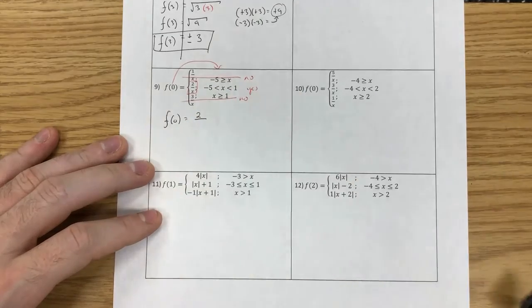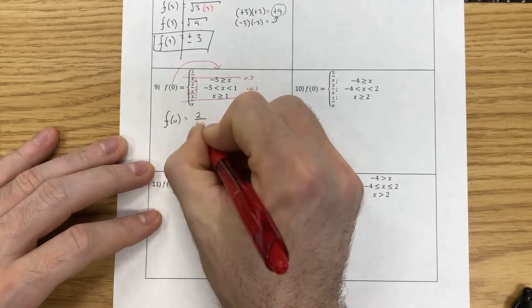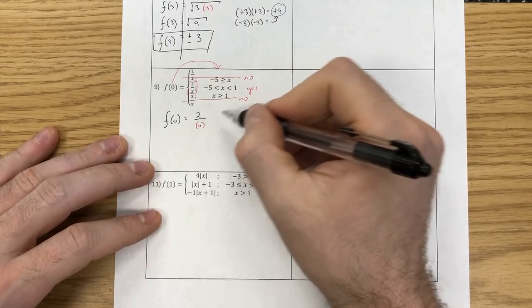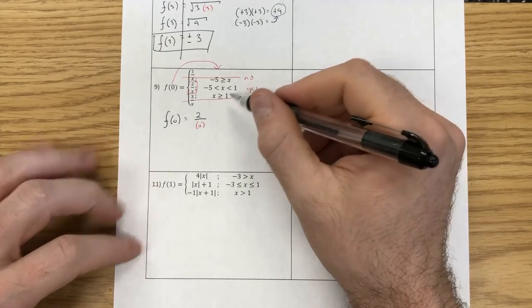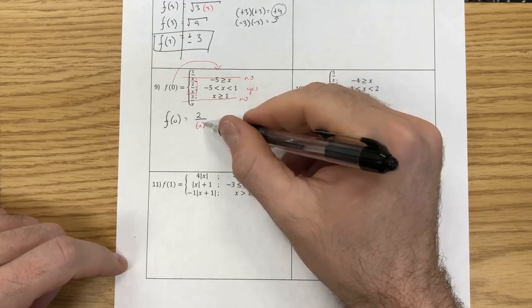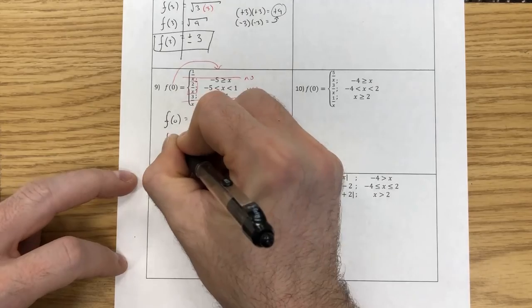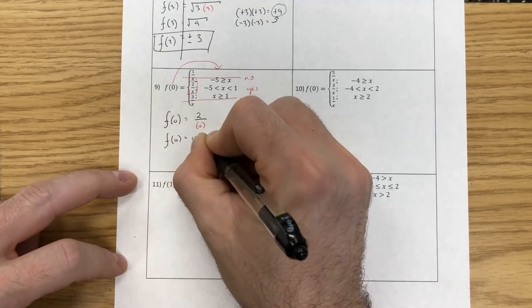It's 2 over 0. And we run into a problem. I can't divide 2 by nothing. So what we say is that when we try and plug 2 into something that doesn't exist, this function is actually undefined.